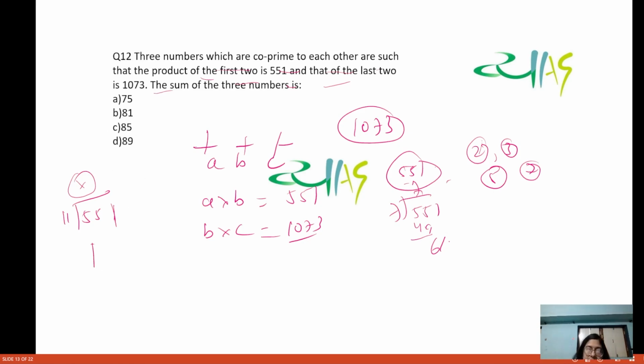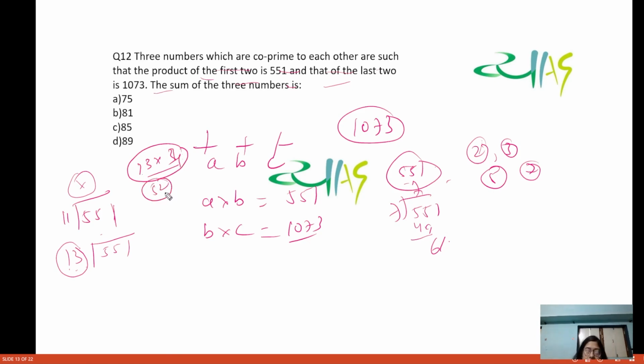Then let us check whether this is divisible by 13. So 13 3 times, or 13 4 times also it can go.